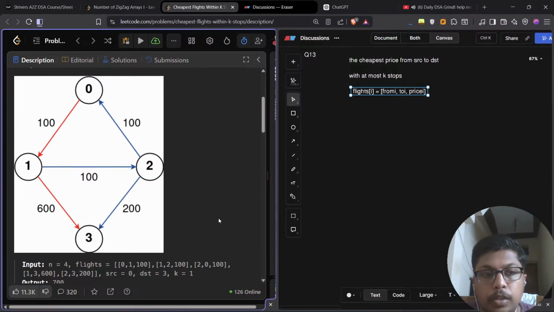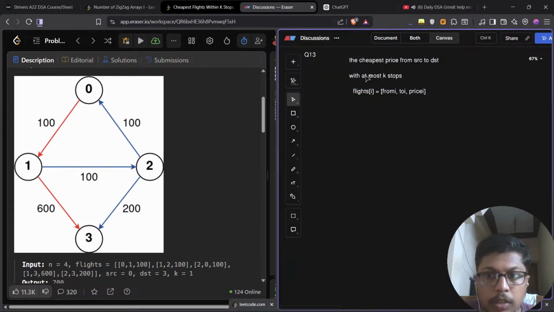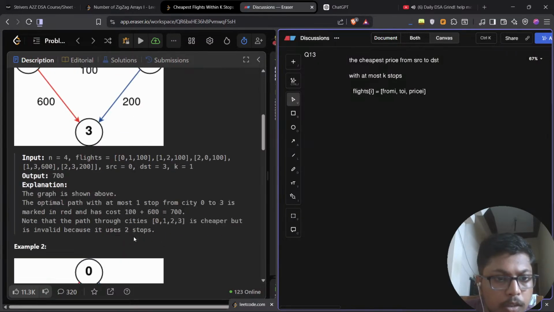So the cheapest price means thinking of it as a cost over a graph. On top of it, we are given the condition that we need at most k stops, so it should not exceed this. The number of stops must be no more than k.